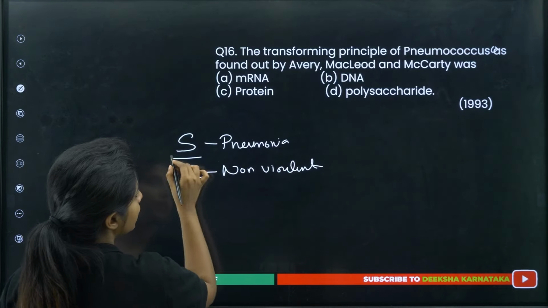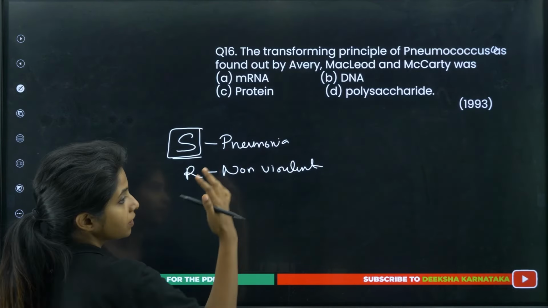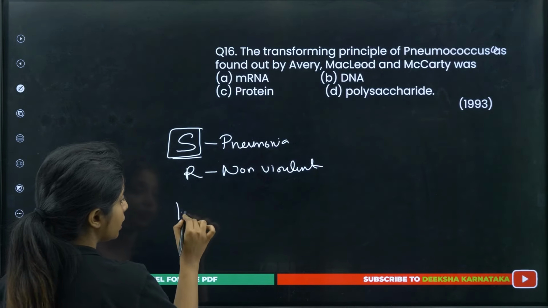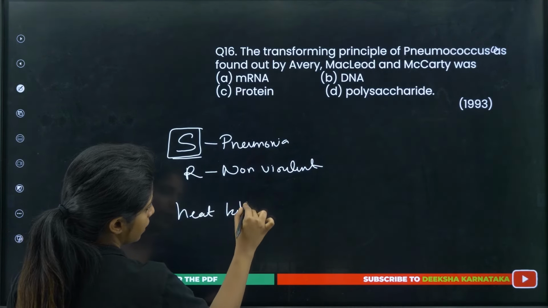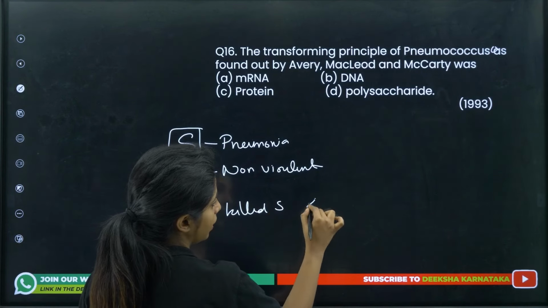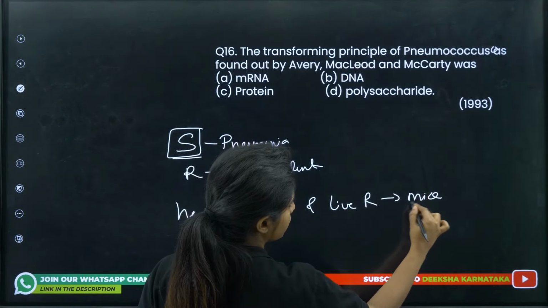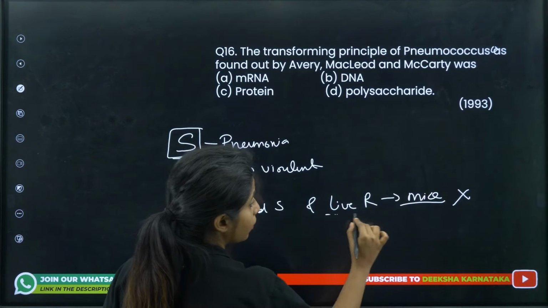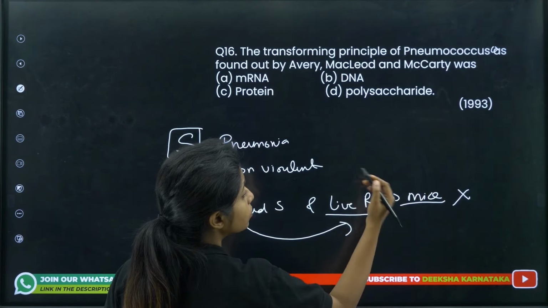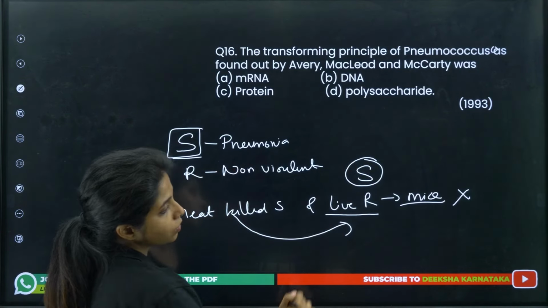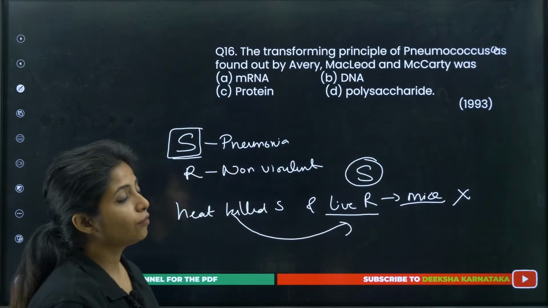But then he heat killed S and put it on the mice, it didn't work. The mice didn't die of pneumonia, it was live. But when he put heat killed S and live R in the mice, he found that the mice died because the live R was getting transformed into something else, that is S variety. This was heat killed, but it was passing down something to the live R which made it different.